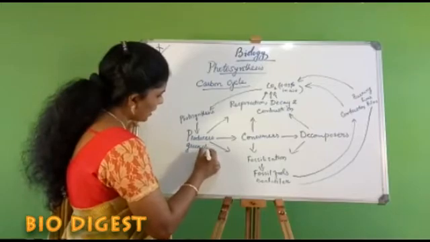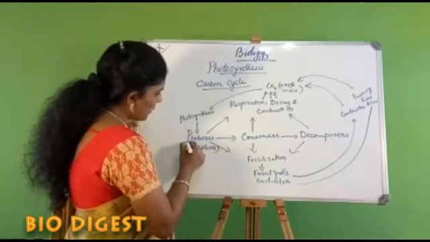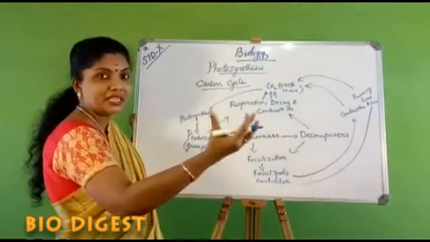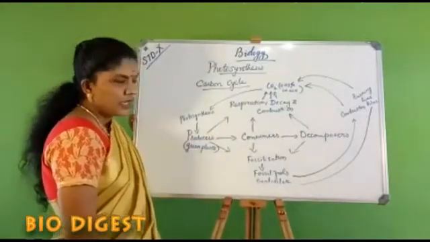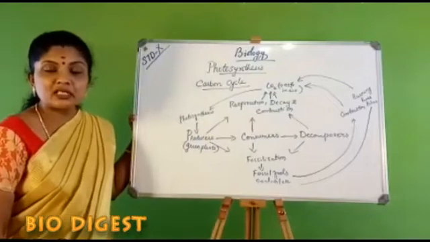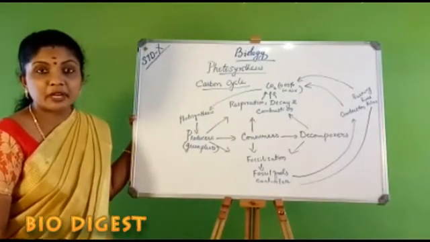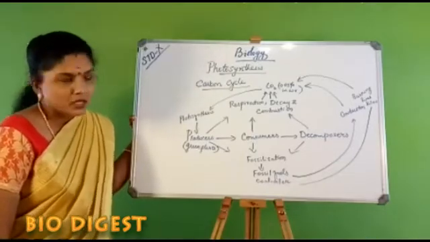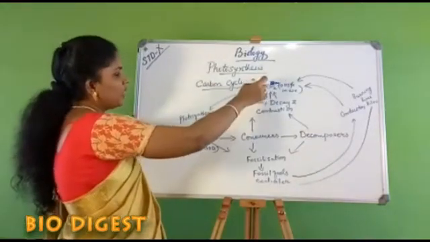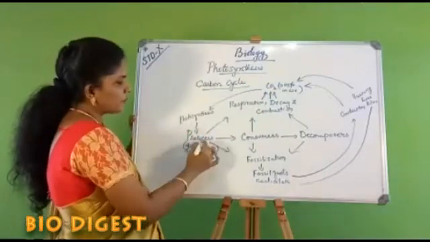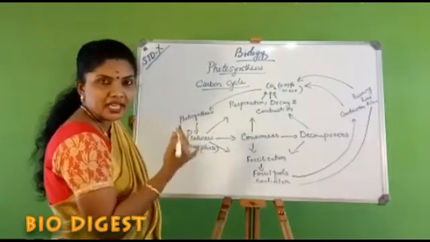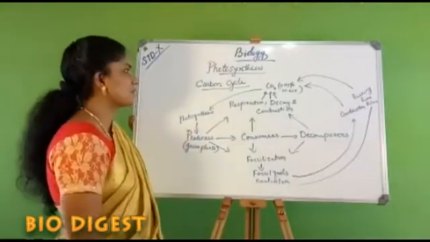What are these green plants doing? Green plants are absorbing the carbon dioxide that is available in the atmosphere. It's actually 0.03% of carbon dioxide that is always present in the air. So this carbon dioxide will be used up by the green plants, or the so-called producers, to carry out photosynthesis.